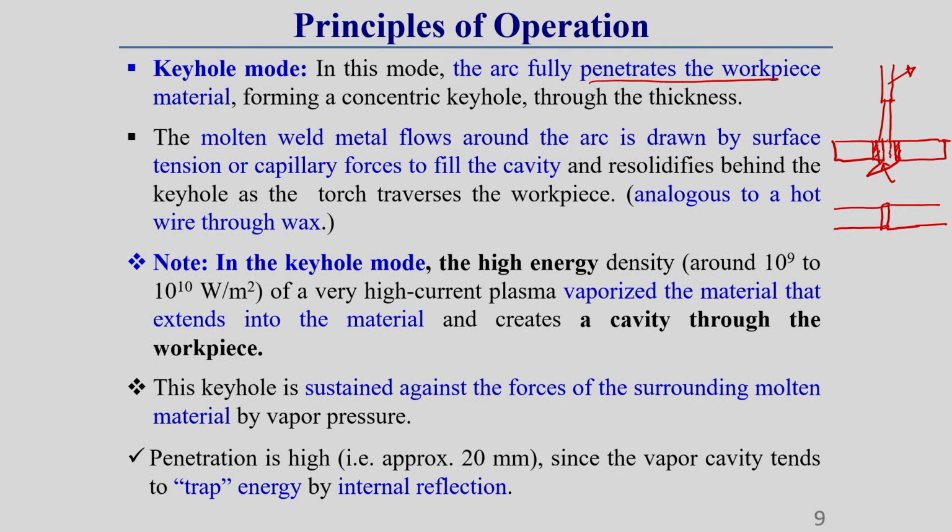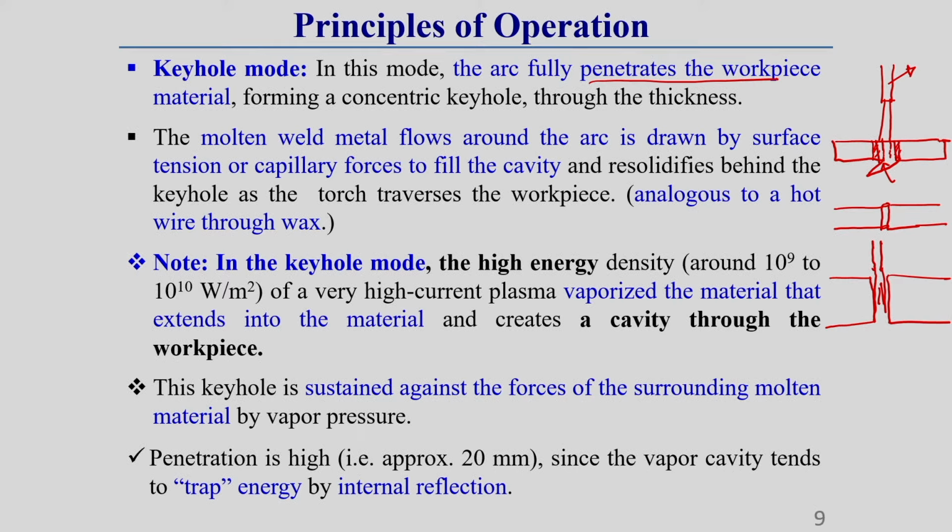So, once this arc moves along the keyhole line, surrounding this keyhole there is a molten material, correct? How is this molten material sustained? Here I am showing in a little more detail. Let this be the keyhole. Now through this keyhole there is a constricted arc.